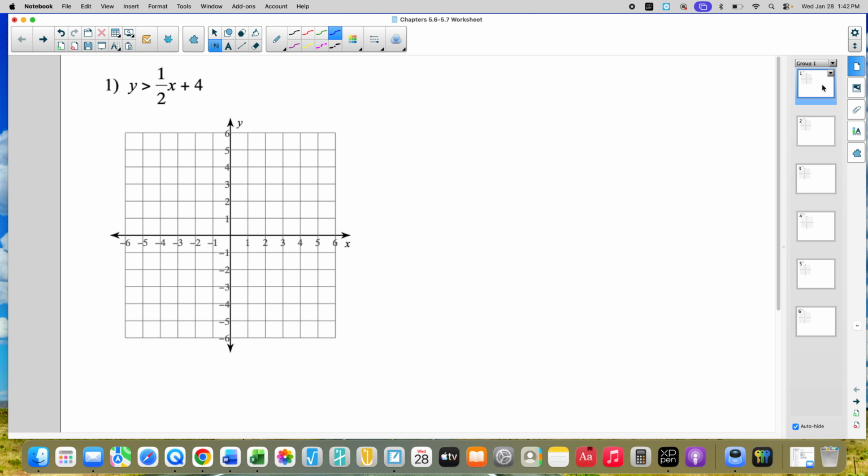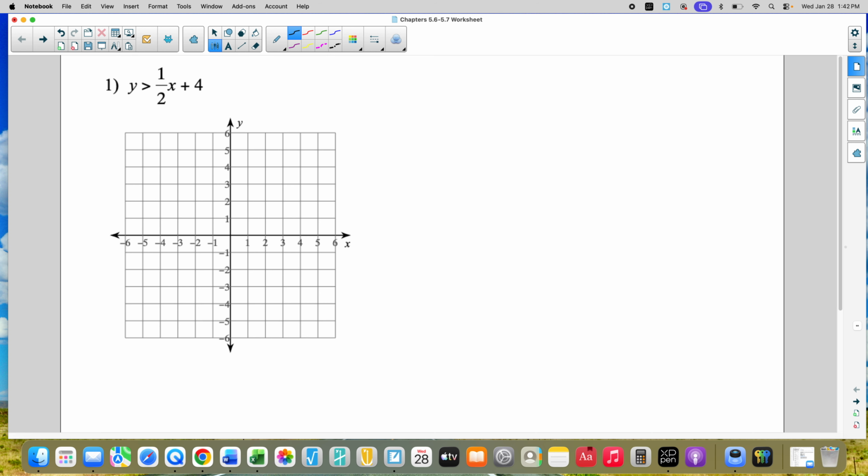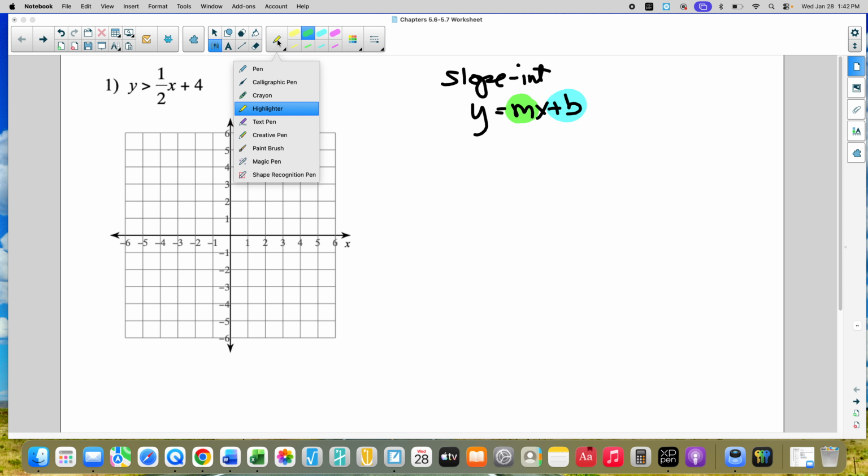The two forms that you're going to get it in, you're either going to get it in slope intercept form, which is y equals. This will be an inequality, so it won't be equal, but it'll be the format or the template y equals mx plus b, where b represents your first point, your y-intercept, and m is your slope, which helps you find the next point.